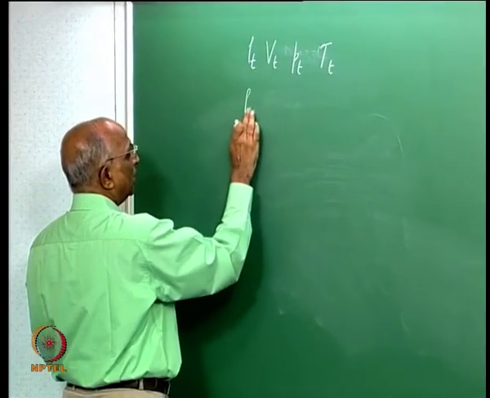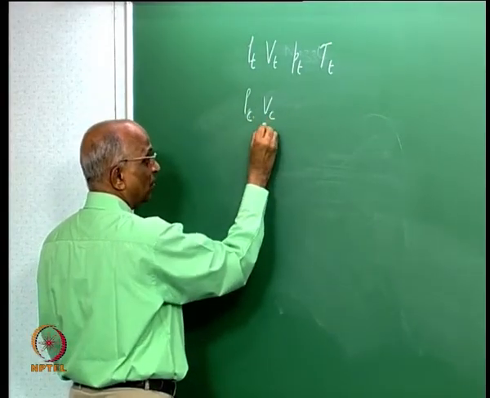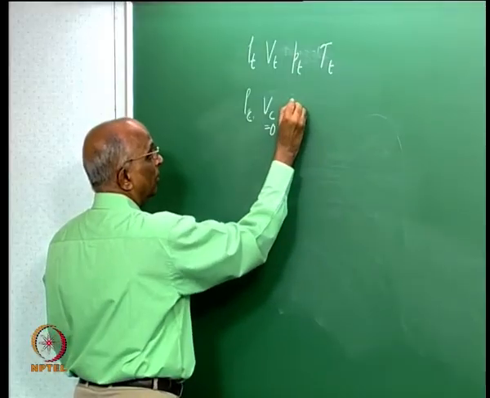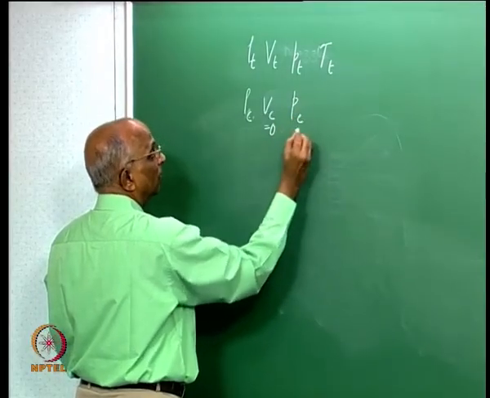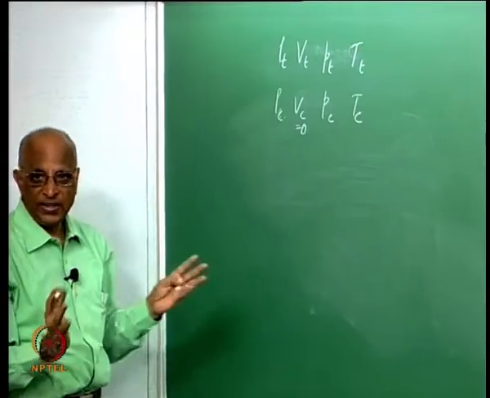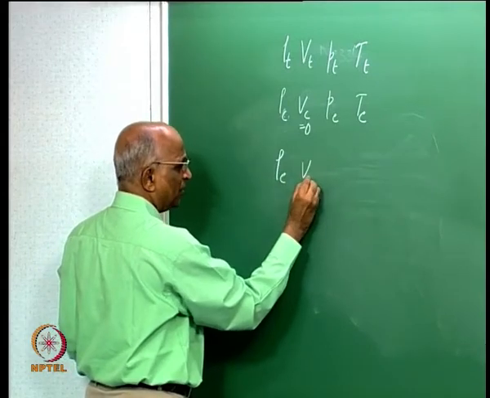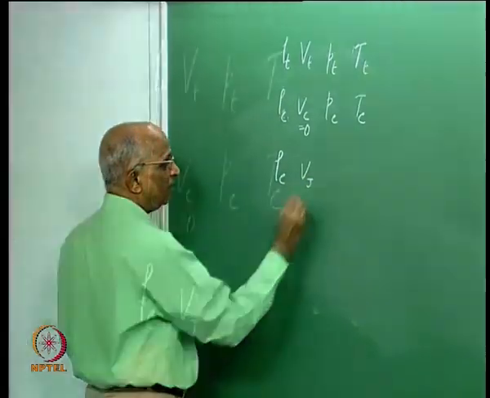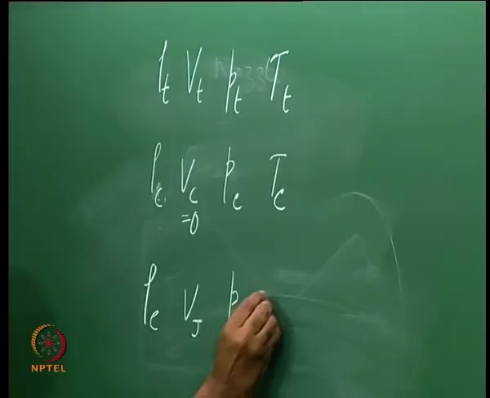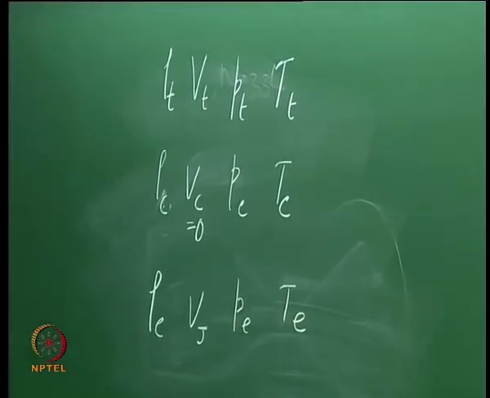Rho c, capital C over here, velocity in the chamber which we said was equal to 0, pressure at the chamber, temperature in the chamber. At the exit, rho exit, V exit which is equal to the jet velocity at the exit, P at the exit, T at the exit. Well, these are the variables we have.